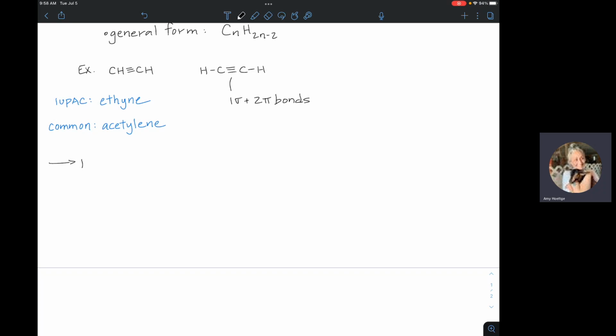Speaking of the different types of bonds, just a quick mention of our bond energies, because when we get into reactions with these, it's going to matter which one was easier to break, which one gave off more energy when it was made, which one gave off less energy, that kind of thing. So those will be the strength of the bonds.